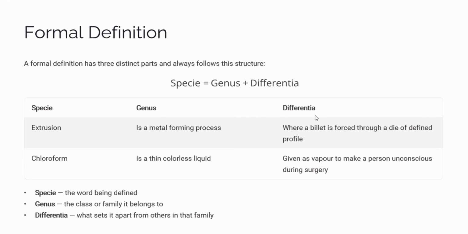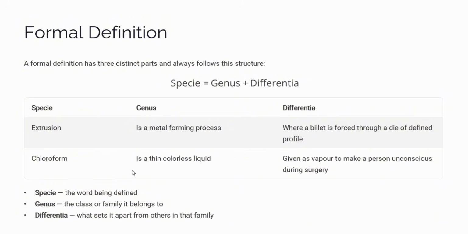So it is very important for you to understand this breakdown when you are doing a formal definition. Another example is chloroform is a thin colorless liquid given as vehicle to make a person unconscious during surgery. So chloroform is that thing that they give to a patient to make that person unconscious during surgery.